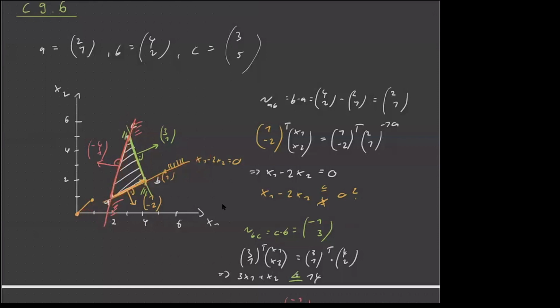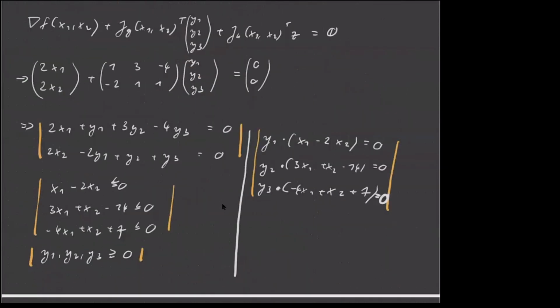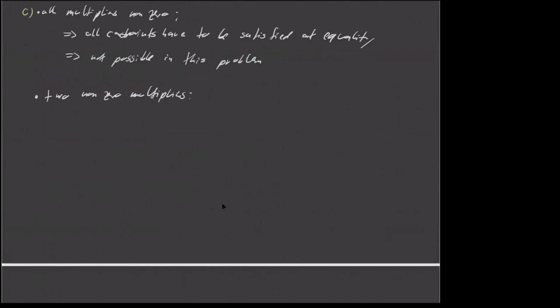So what that means is we are on one of the vertices of that triangle. Right? Two active constraints at the same time means we're on one of the vertices. Two constraints are active, and that means the solution corresponding to that is a vertex of our triangle.